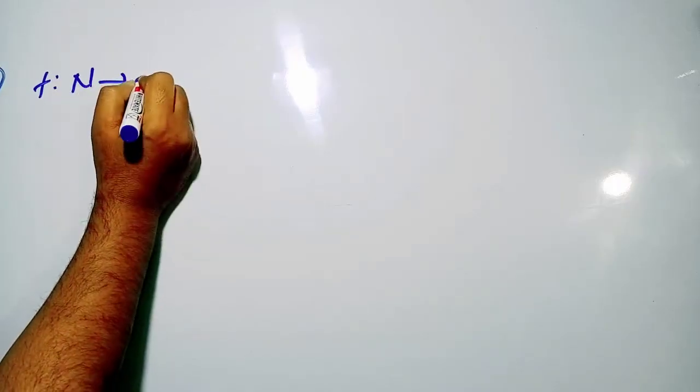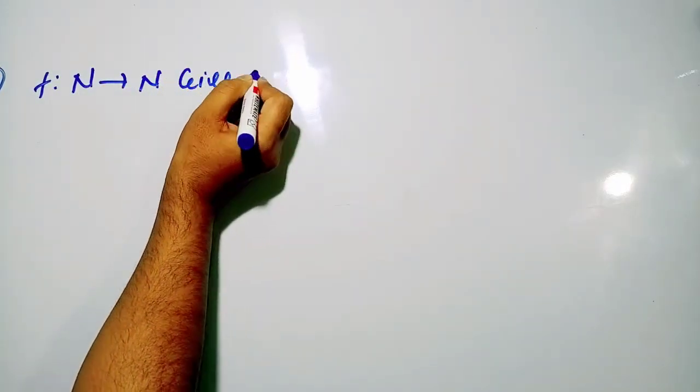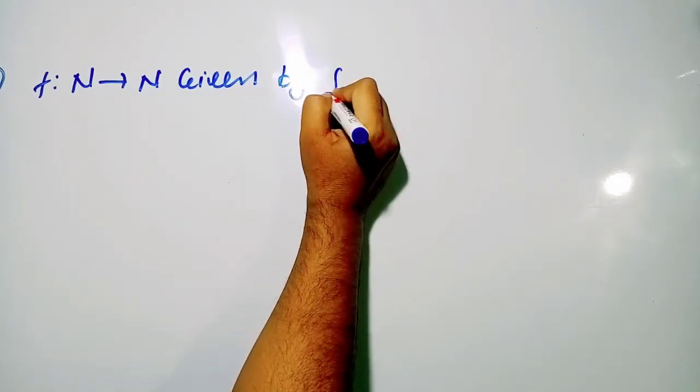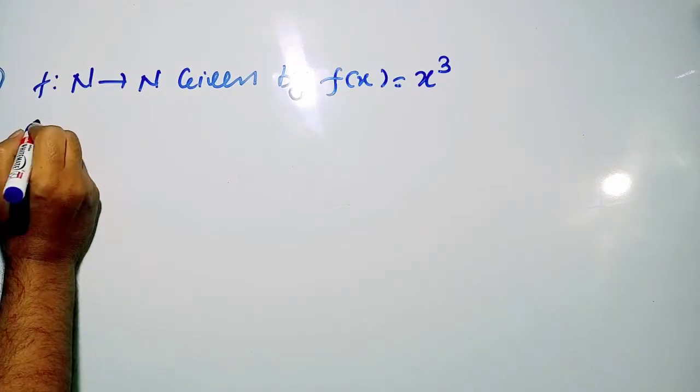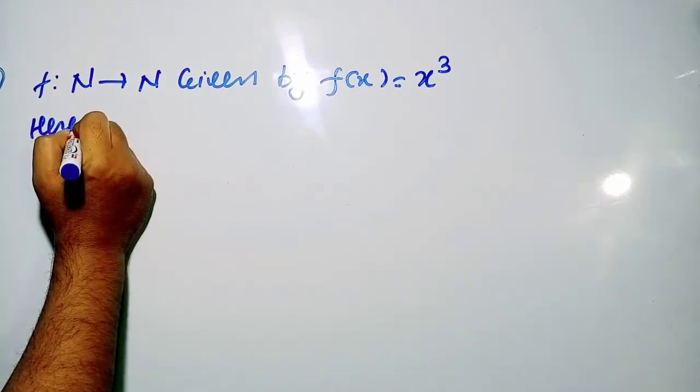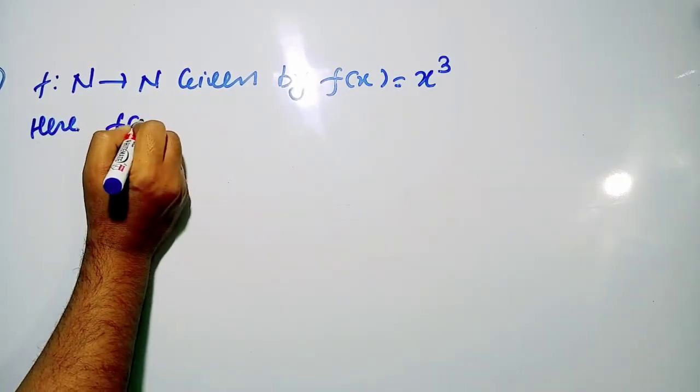Moving to the next question, the function f is defined from natural numbers to natural numbers, given by f(x) = x³, right? So here f(x) = x³.